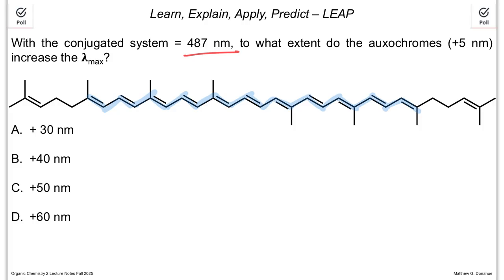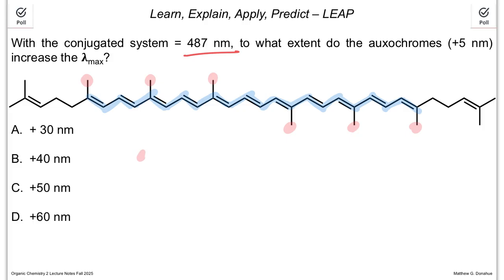What'd you say? Plus 30. A good approximation. So we have 1, 2, 3, 4, 5, 6. But then you need to approximate the other substituent as a methyl group as well.